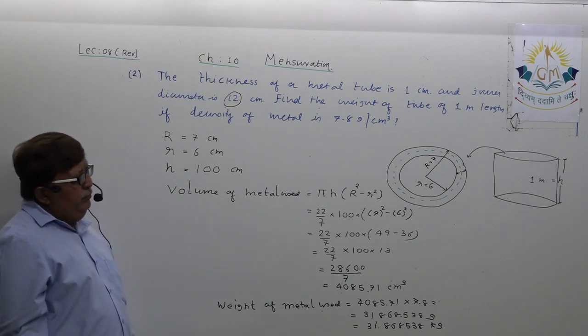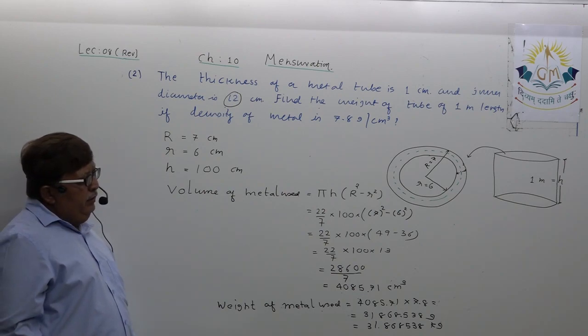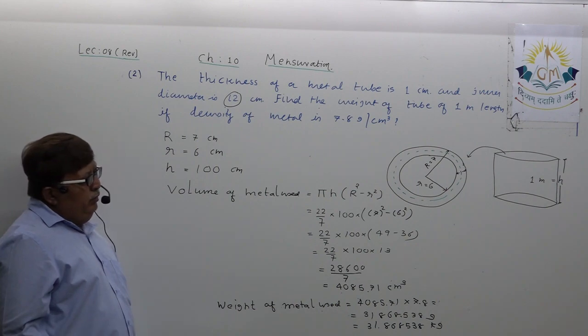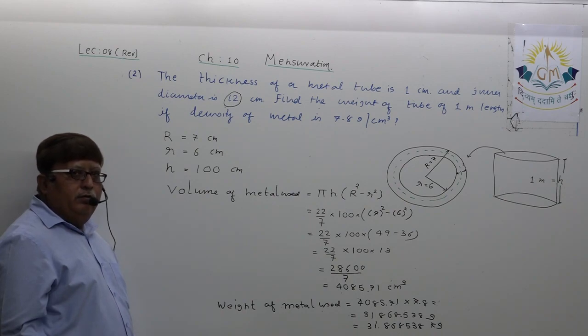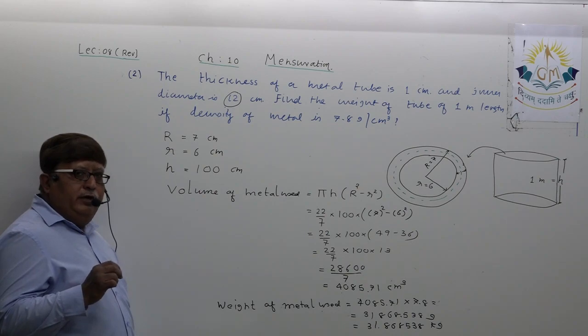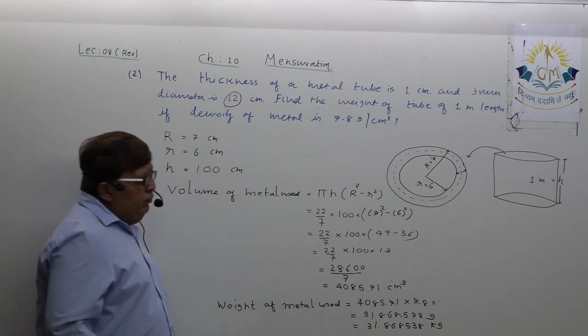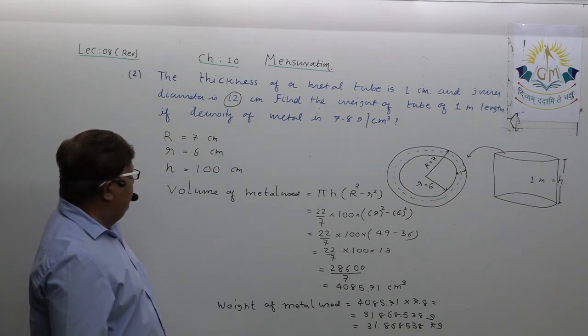External radius, it was actually inner radius, inner diameter is given to confuse you. So inner diameter has been given 12 centimeter, which we got 6. From the inner radius we looked for the outer radius, which we found by just adding the thickness to the inner radius, and we found the outer radius.